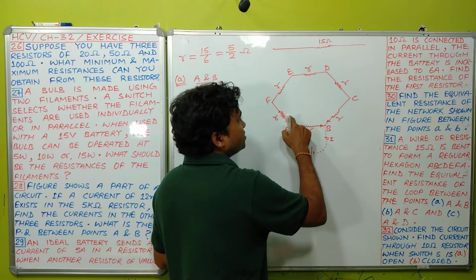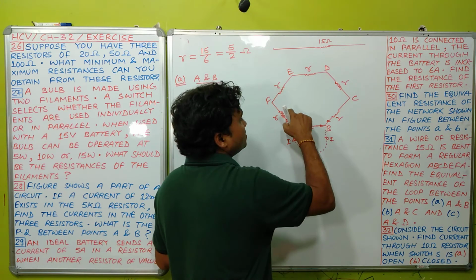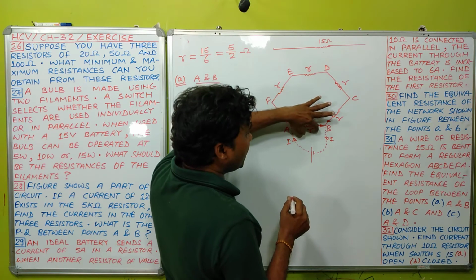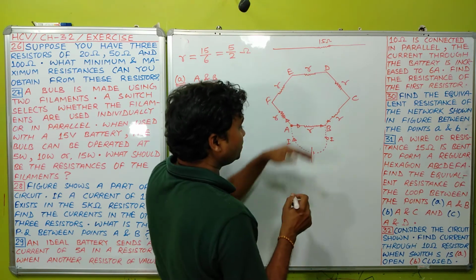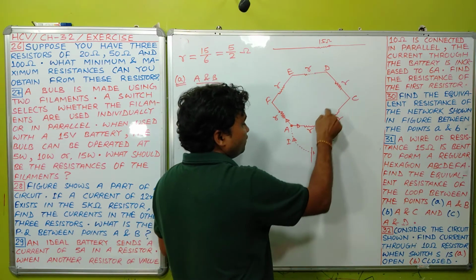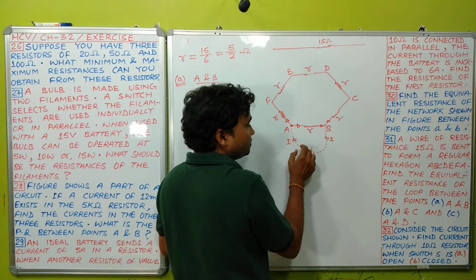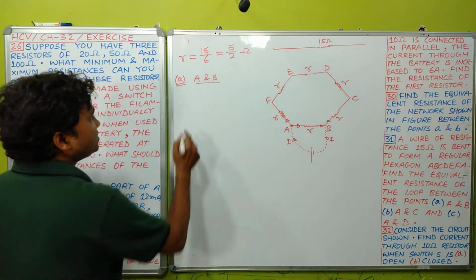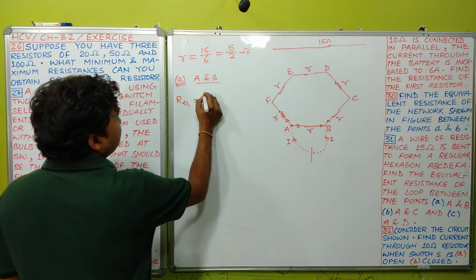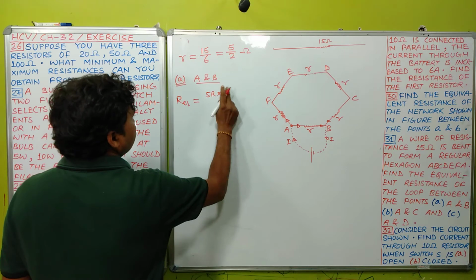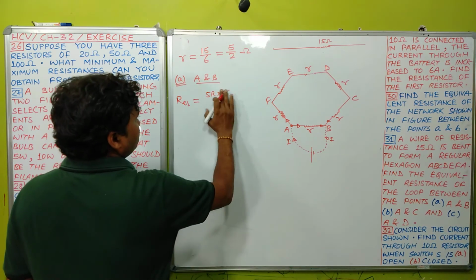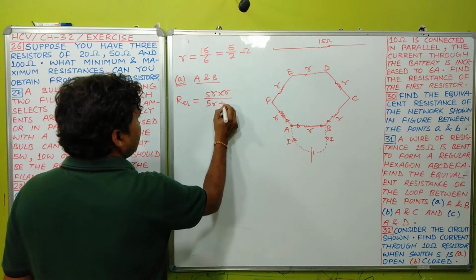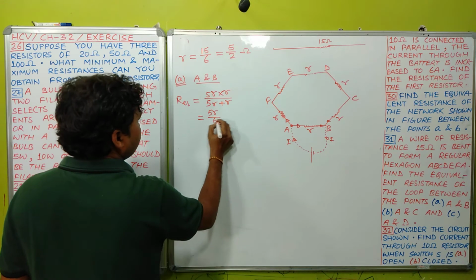So the equivalent resistance of these 5 resistances will be 5R since they are connected in series, and in turn that 5R and R will be in parallel, because the 5R equivalent is between A and B, and this R is also between A and B. So the equivalent resistance will be 5R into R divided by 5R plus R, which becomes 5R by 6.